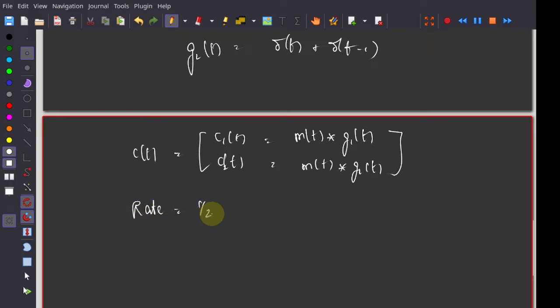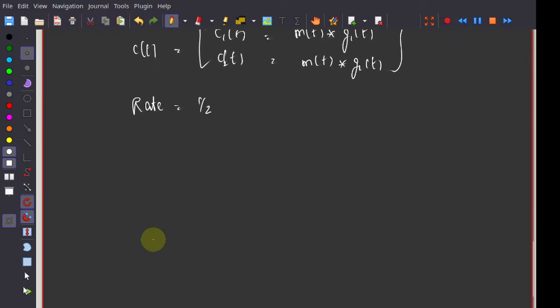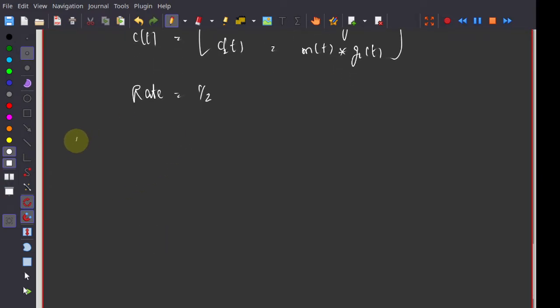So it's natural to say that the rate of this code is 1/2. In general, if you take any two integers a and b, the rate a by b convolutional code consists of a input streams and b output streams.